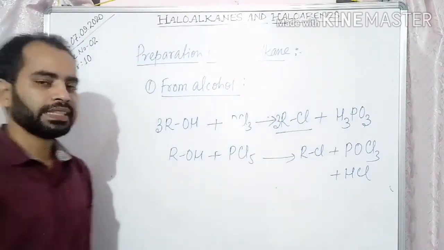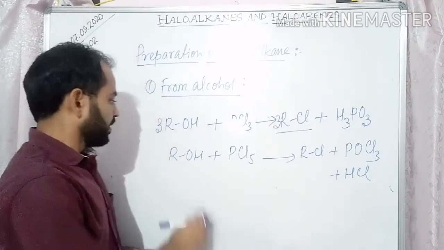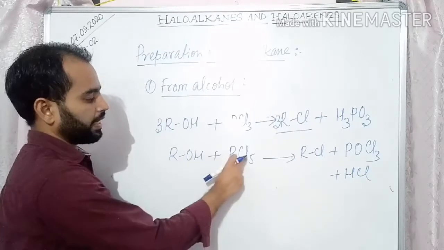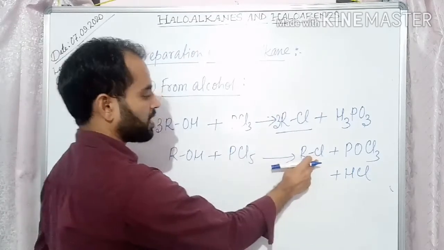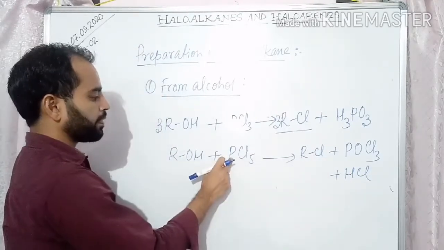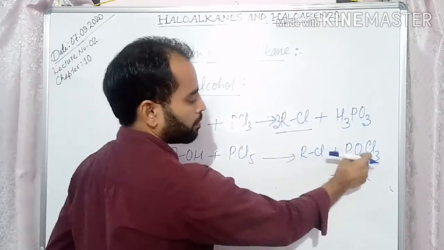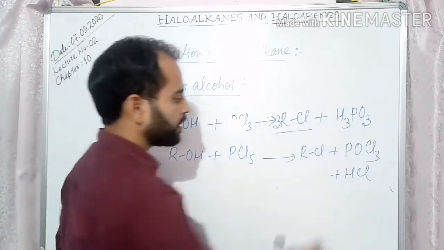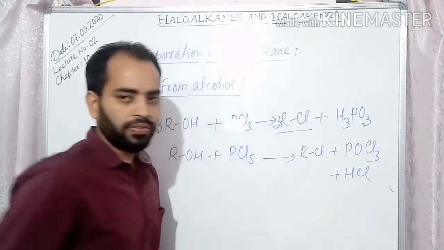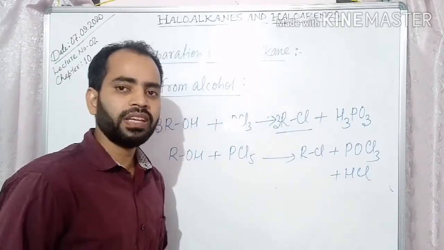Now it is okay. That is 1 R will take 1 Cl from here, it will form RCl plus remaining P and O from here and 3 Cl from here, it will form POCl3, phosphoryl chloride, plus 1 molecule of hydrogen chloride, HCl will be released.